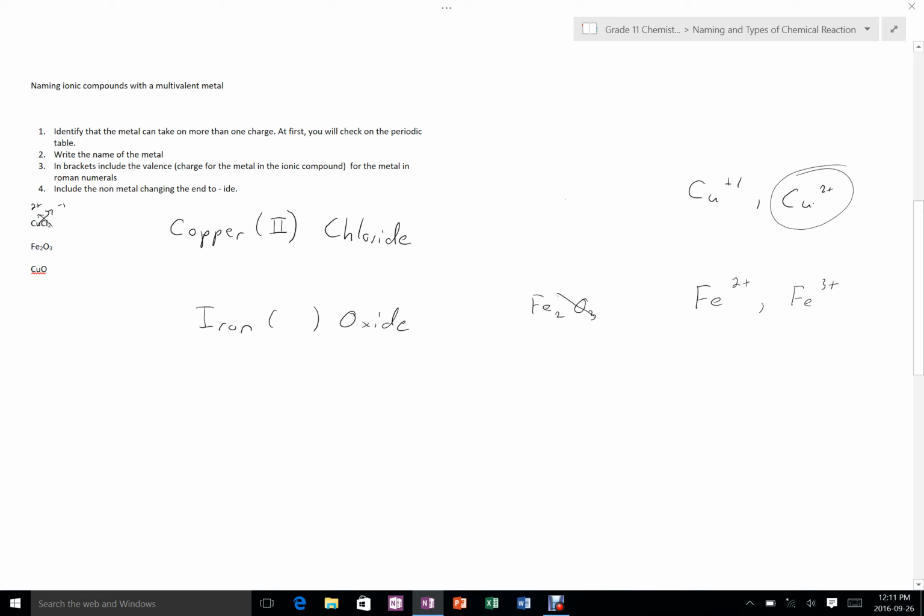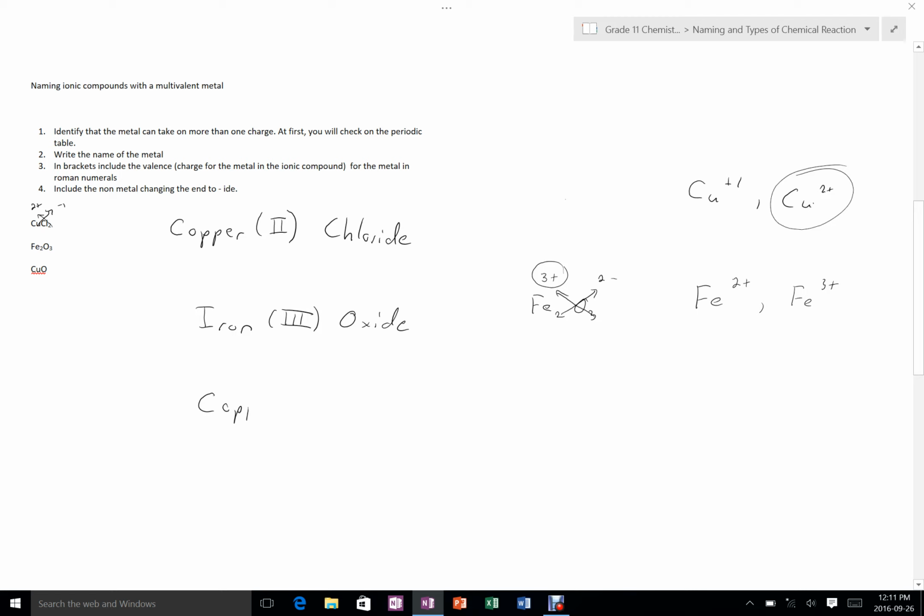So I imagine reversing my crossover. Oxygen is a 2- and iron is a 3+. So for this particular compound, it was the 3 valence for iron oxide. Iron 3 oxide.